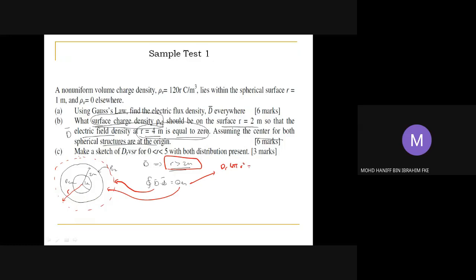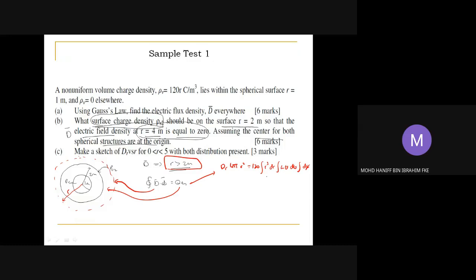For the right-hand side, with the charge inside the Gaussian, we have two charges now, which are the volume charge and also the surface charge. So we can write this as 120r, or 120, integration of r to the power of 3 dr, integration of sine theta d theta, integration of d phi.